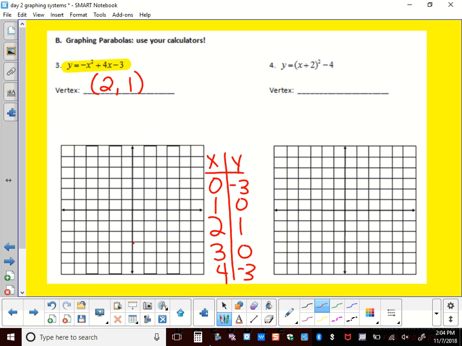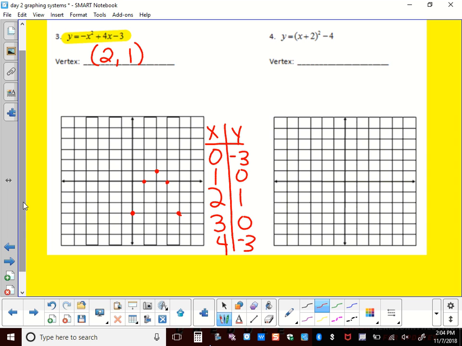0, negative 3. 1, 0. 2, 1. 3, 0. 4, negative 3. I'm going to try to make these points connect the best way I can by making a parabola.